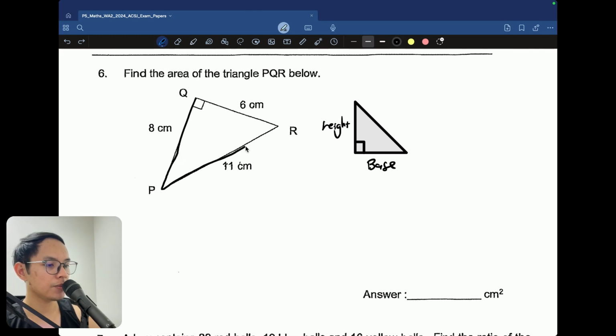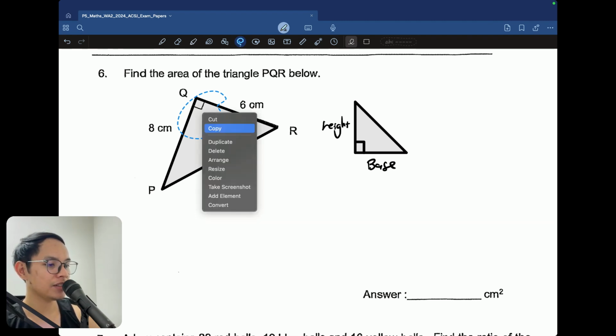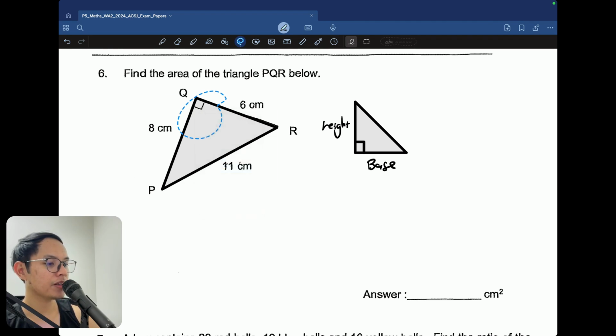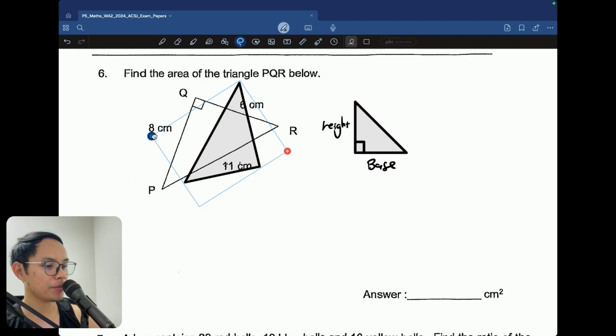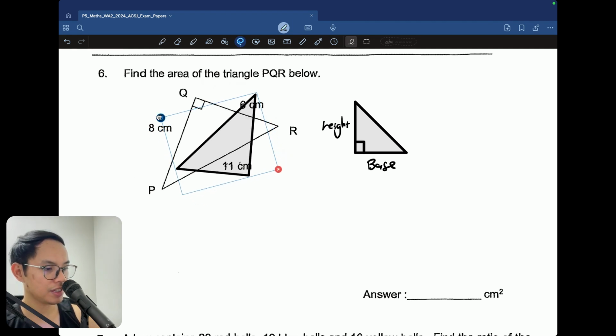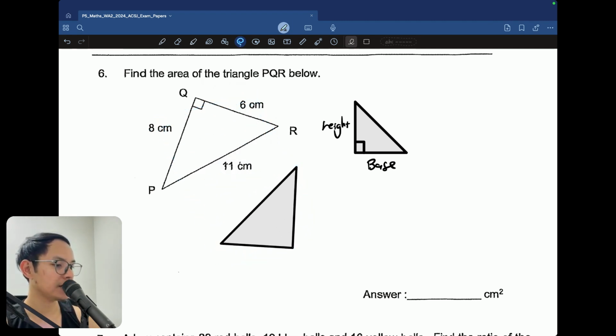If you were to do what I do over here, I think this is very helpful. But in this case, we have to turn it to have a better understanding. So you see that it looks something like this, right? And that's where the base is at the bottom and the height is on the right side.